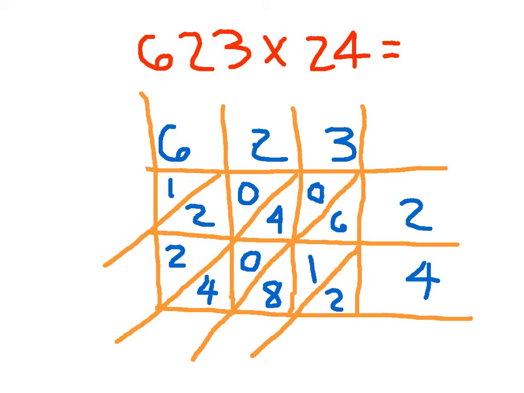And again, what we do with lattice multiplication, we add along the diagonals. So we've got 2 here. In our tens place, we've got 6 plus 1 plus 8. 6 plus 1 is 7, plus 8 is 15, so I'll place a 5 and regroup the 1. 1 plus 4 is 5, plus 4 more is 9. 2 and 2 is 4.